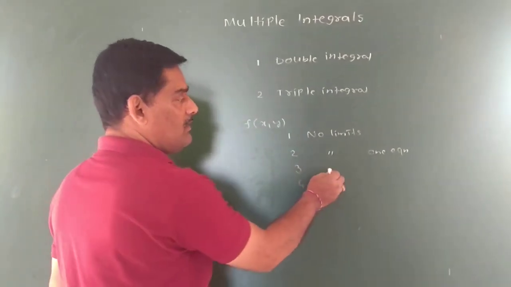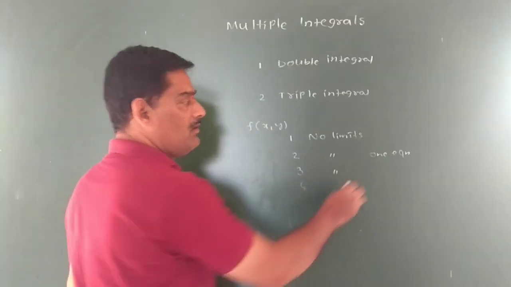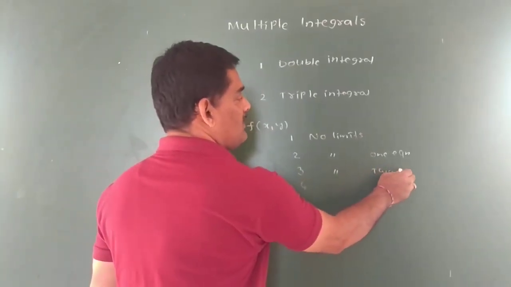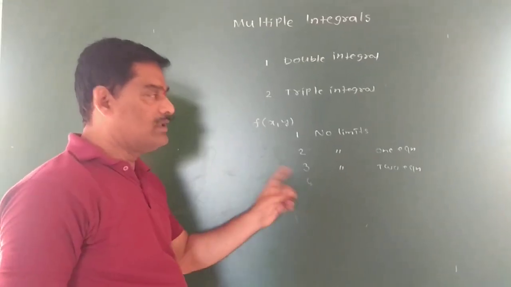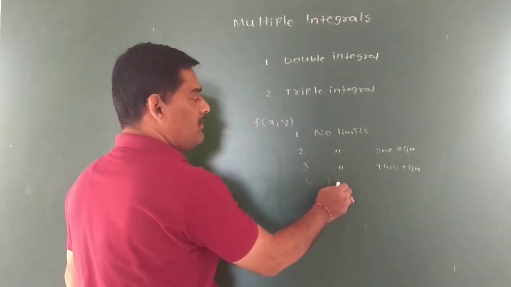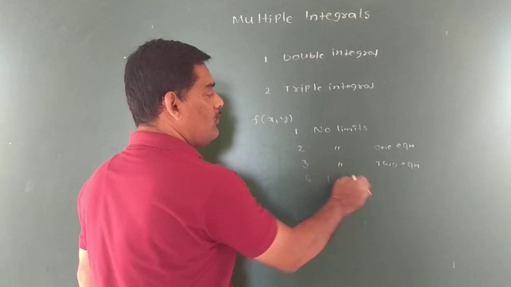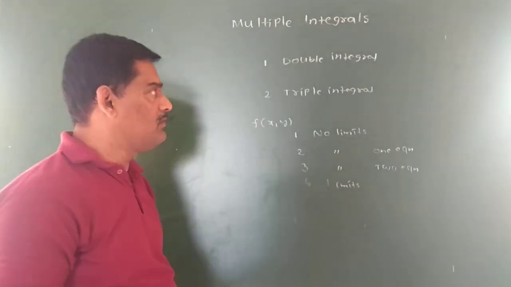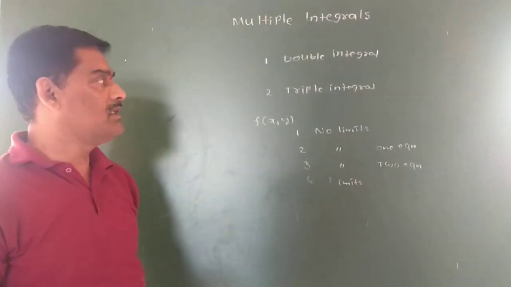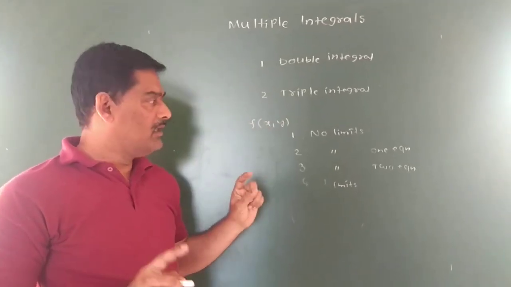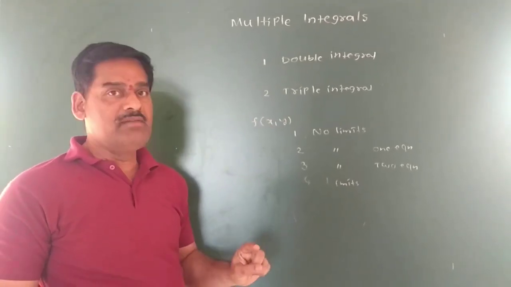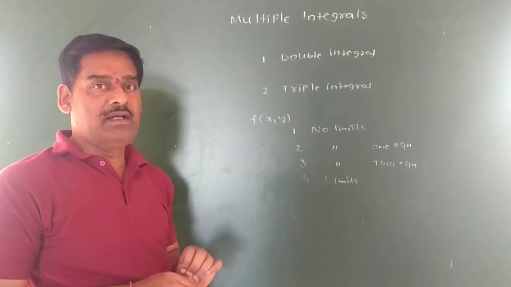Third category is, no limits are given with two equations. Coming to the fourth category, limits are given. So these are the four different categories in order to find out the double integration corresponding to the given function f of x comma y. Now I will explain one by one in a systematic manner.